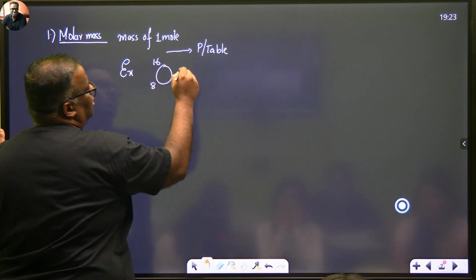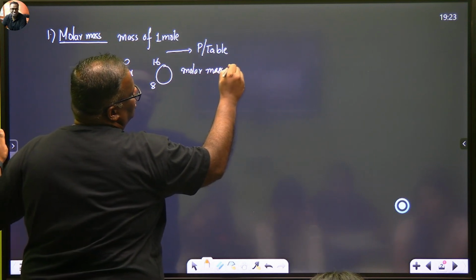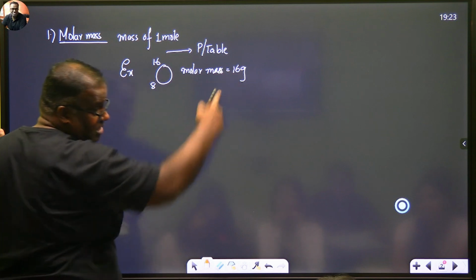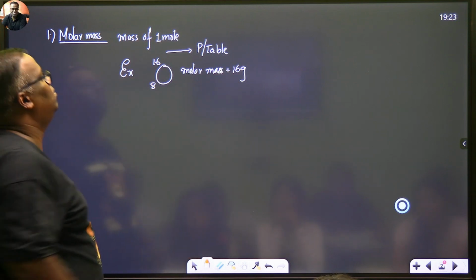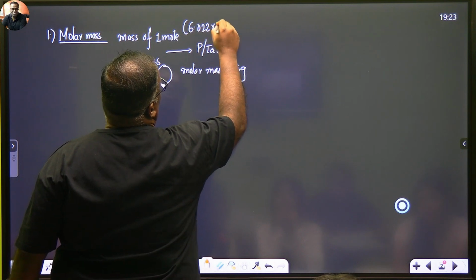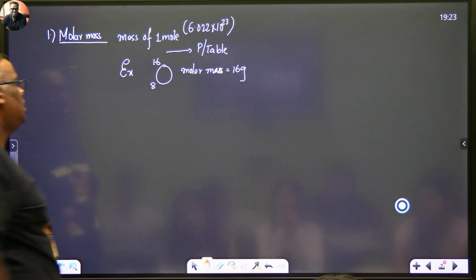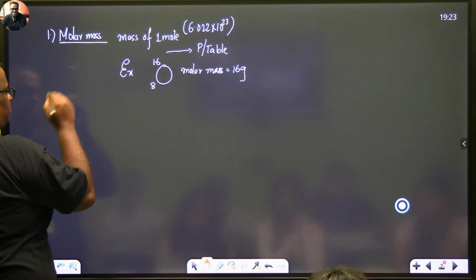That means the molar mass is equal to 16 grams, exact 16 grams. Mass of 1 mole, and 1 mole contributes to 6.022 into 10 to the power 23. This is the count. Clear? Did we understand this?